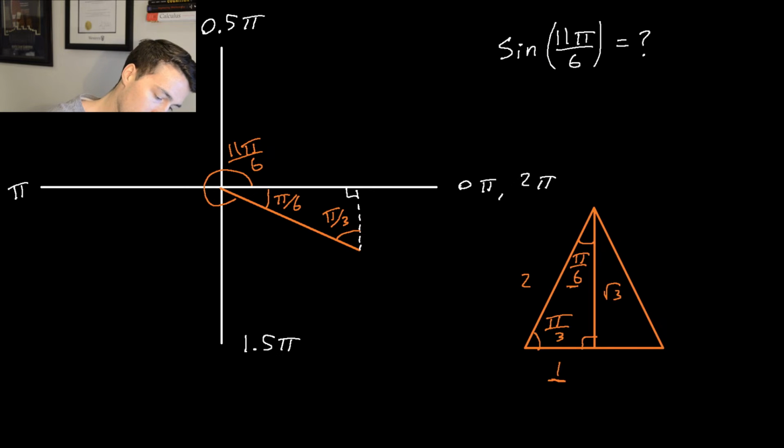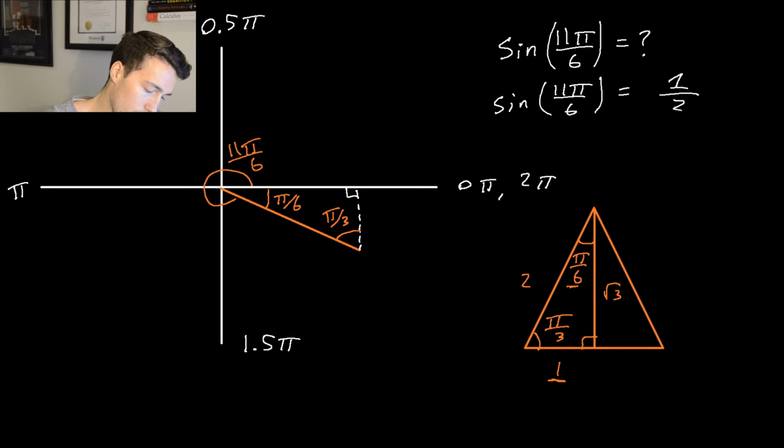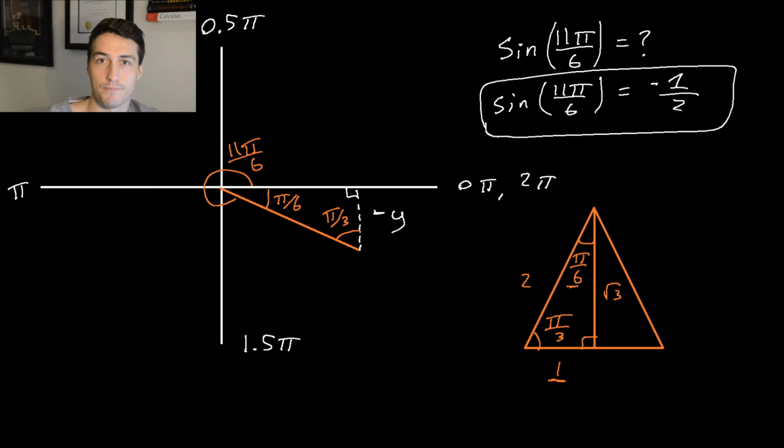So sine of 11 pi over 6 is equal to 1 over 2, but we have to account for whether it's positive or negative. Because we're moving in the negative direction, we get this side over here, which is in the negative y direction, so we put a negative in front of that. That's our answer, negative 1/2.